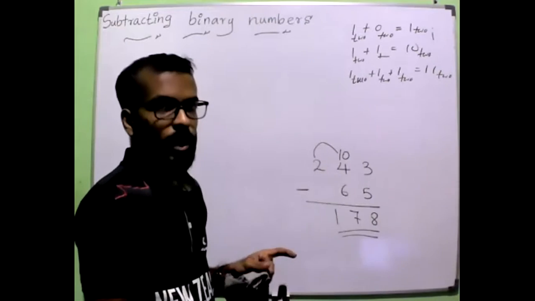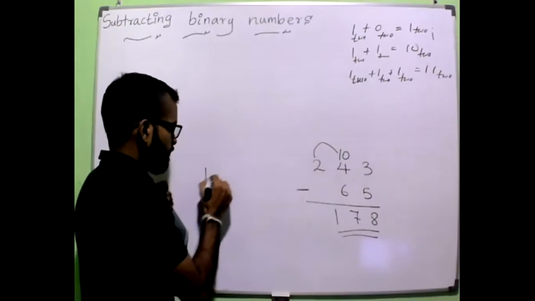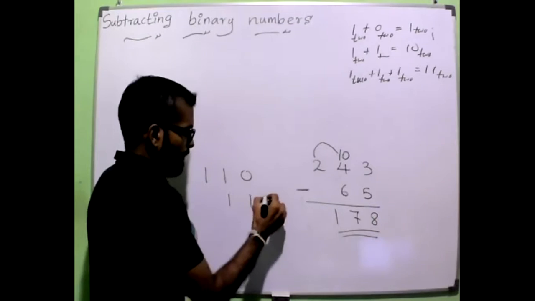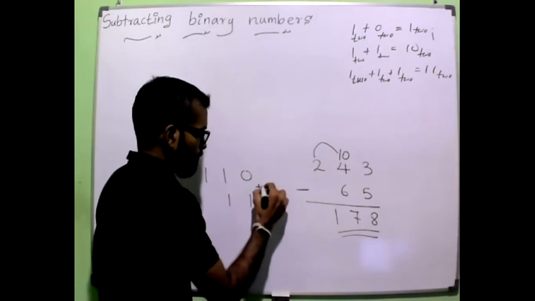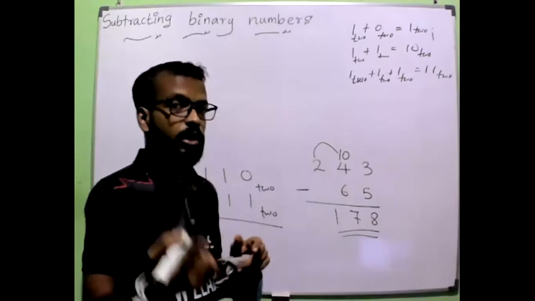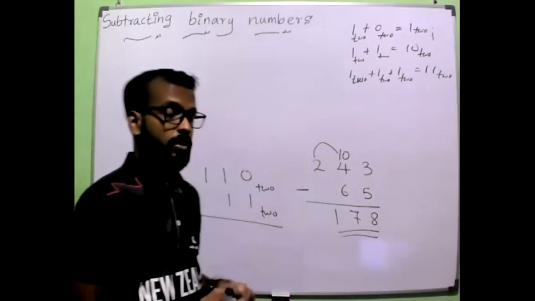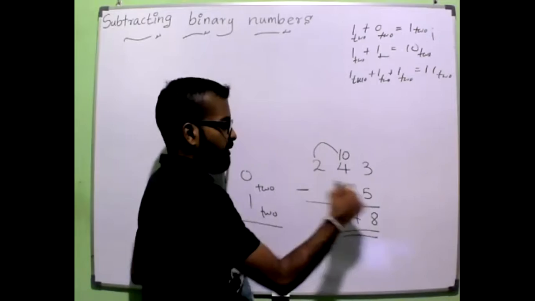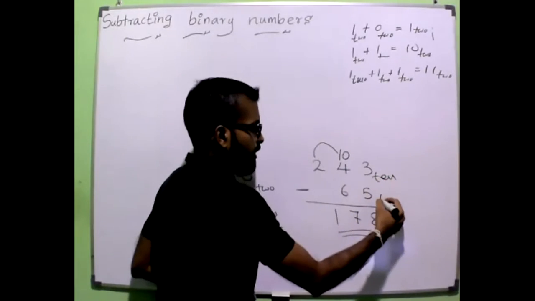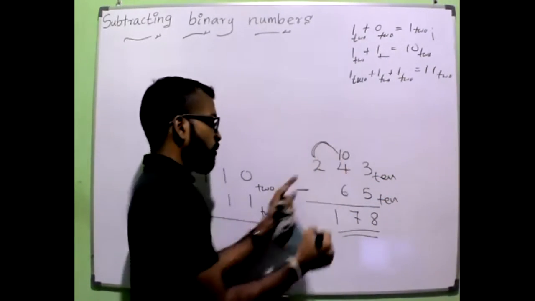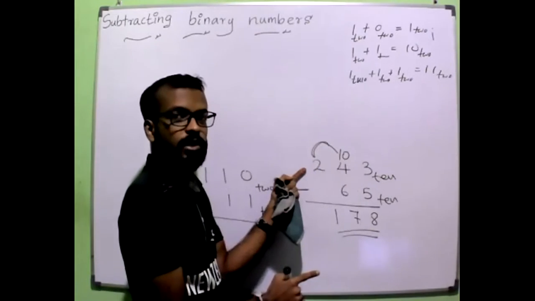Now the same things apply to binary numbers. But there is something different. In base 10 numbers, you are taking 1 from your left hand side number to the right hand side number.